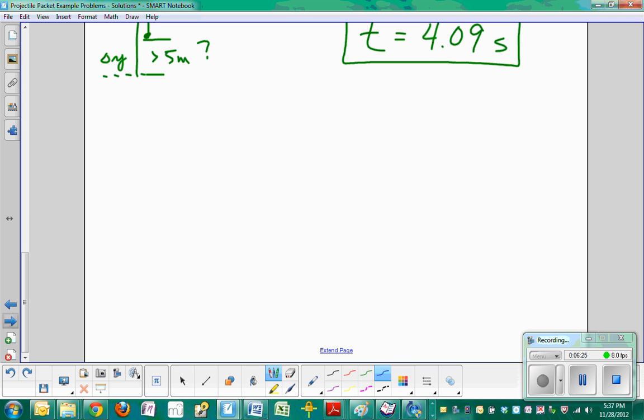So now we're going to say that delta y is equal to v naught y t minus 1/2 g t squared. Notice I've already got things set up for the vertical direction. We've got a displacement called delta y, we have the y component of the initial velocity, and we have the y acceleration, negative g.